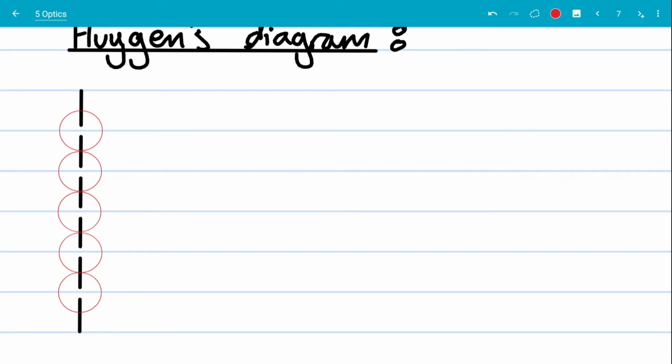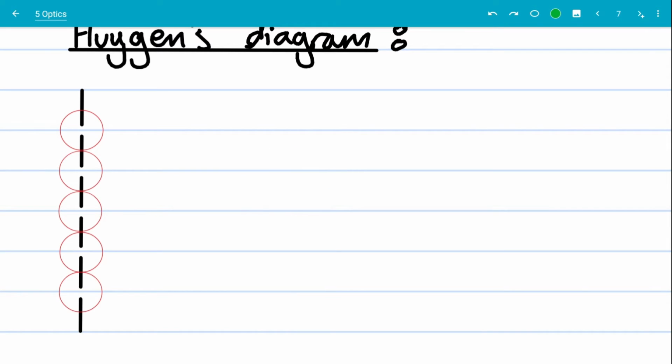Right, now we're going to draw the next wavefront, and I'm going to use green for this. It'd be better if I was on square paper, wouldn't it? But there we are, we're on lined paper, so we're going to make this work.